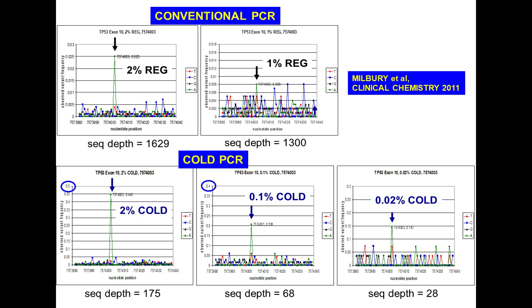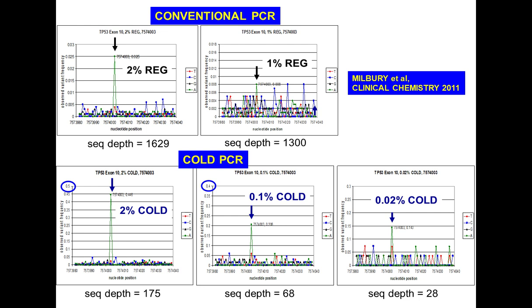And an important point to notice here is that you just need a small sequencing depth. You can see here that in the extreme case we detect a 0.02% mutation with just 28 reads, sequencing reads, which is impossible unless one does some enrichment of the mutants.